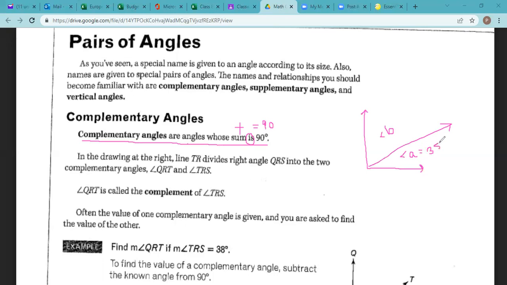What I want to know is how many degrees does angle B measure? Knowing that this is a 90-degree right angle, you would take 90 and subtract what you do know, which is the other one, 35 degrees. So you're just going to take 90 minus 35. Go ahead and figure that out. Take a moment.